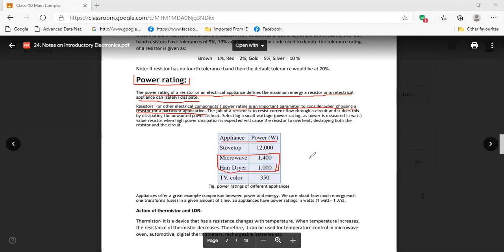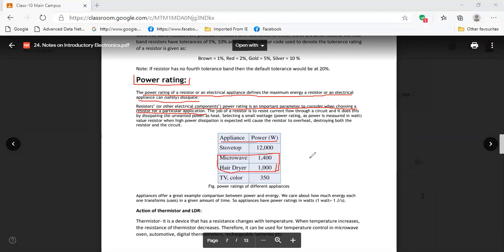For example, you are using a fuse in your appliance, isn't it? So when you are using a fuse in your appliance, then it depends on the power rating of the appliance what type of fuse, or what the value of the fuse, you have to fix.